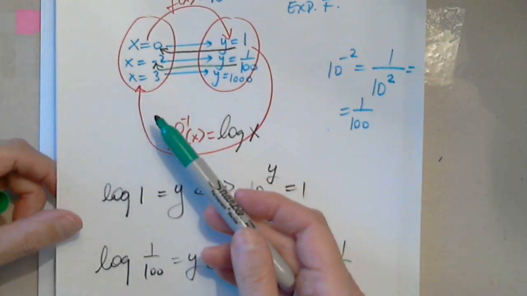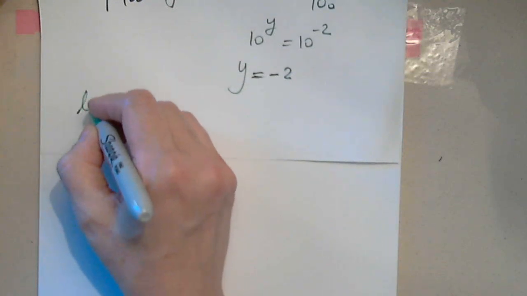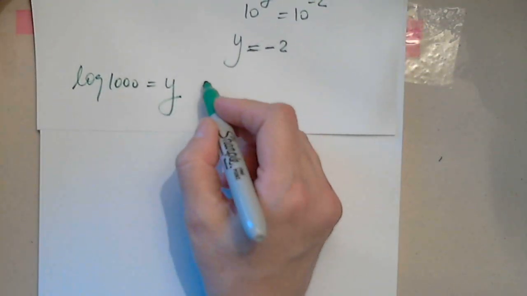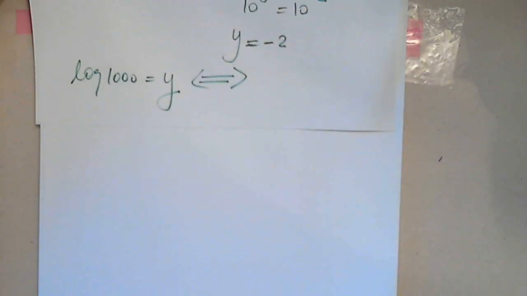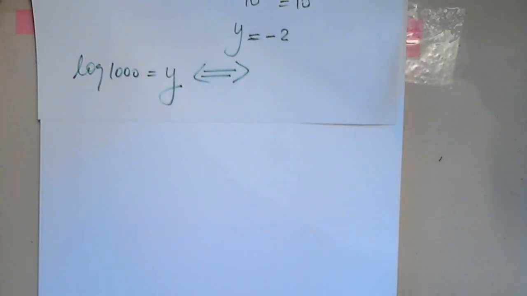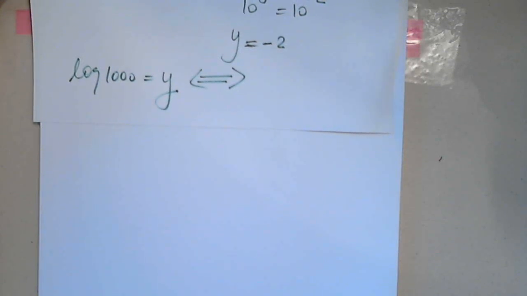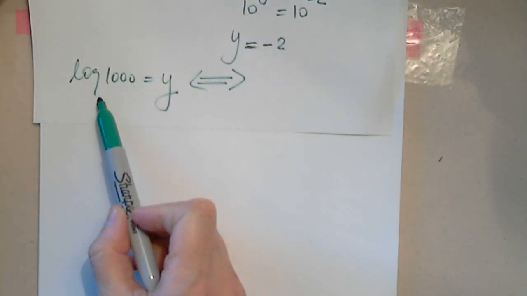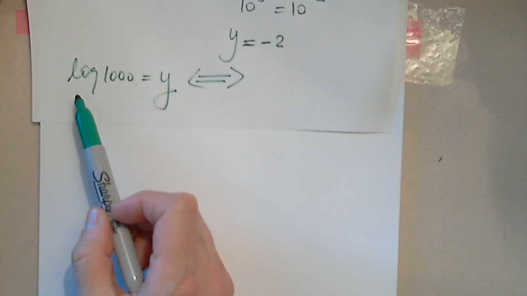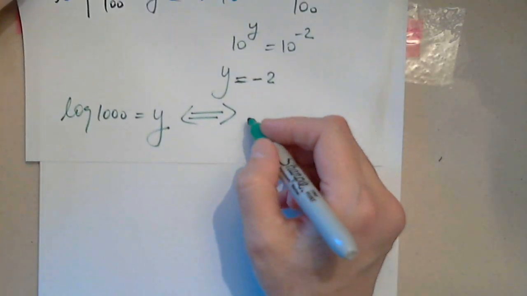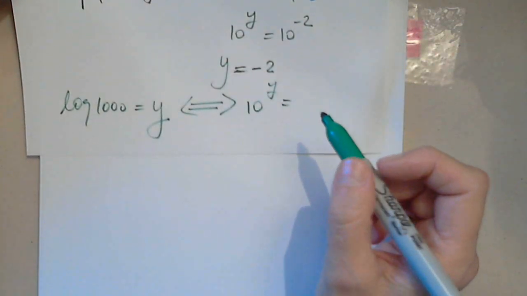Finally, there is no need, but let's do the last one as well. So we have log of 1,000. I have no idea what this equals to, but I can change it into an exponential equation. How do I change it into an exponential equation? I start with the base and I go counterclockwise. 10 to y equals 1,000.